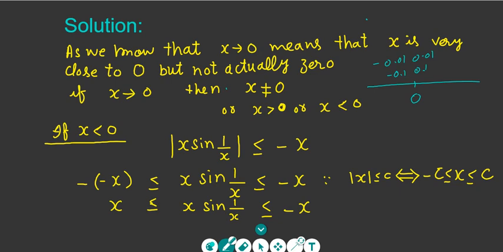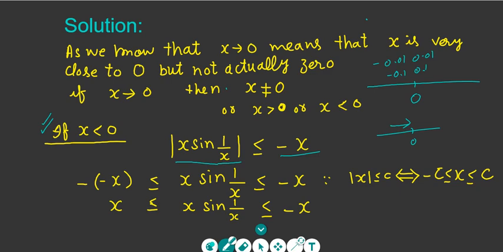Now we take two cases. First case, x less than 0, means we will approach x to 0 from the left side. As we know, the relationship between absolute value of x into sine of 1 upon x is always less than or equal to the positive value of x.